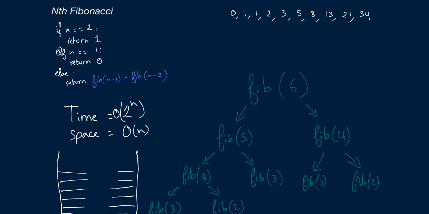Because we have at most n frames on that call stack, at any given time in the algorithm, we are storing at most O of n space on that call stack. And so that's where this space complexity comes from. So that's the space-time complexity analysis of this first recursive solution.